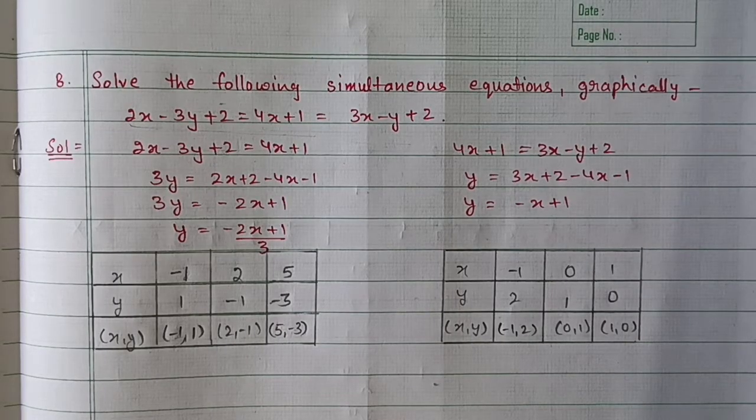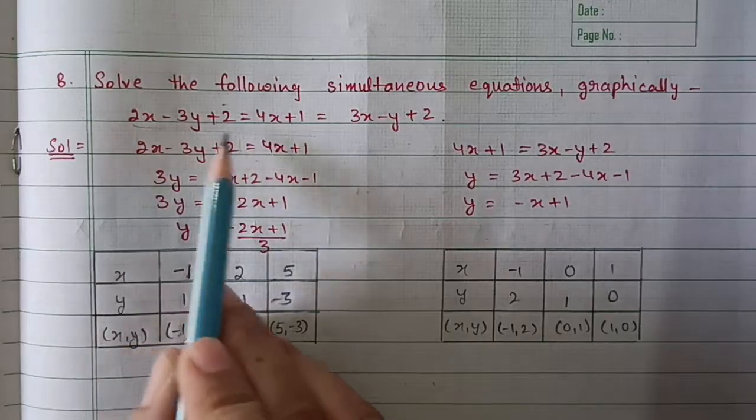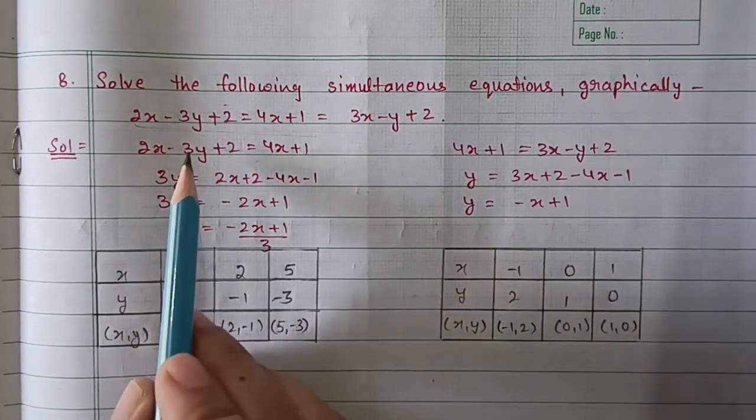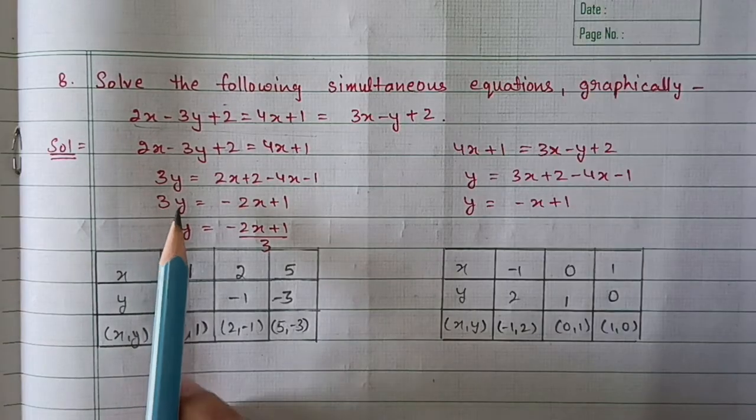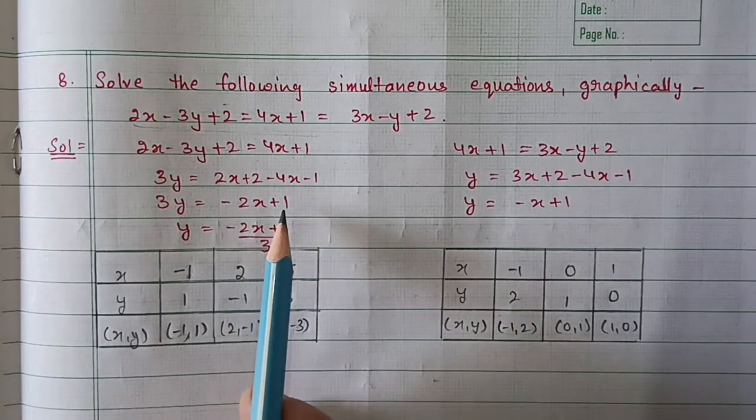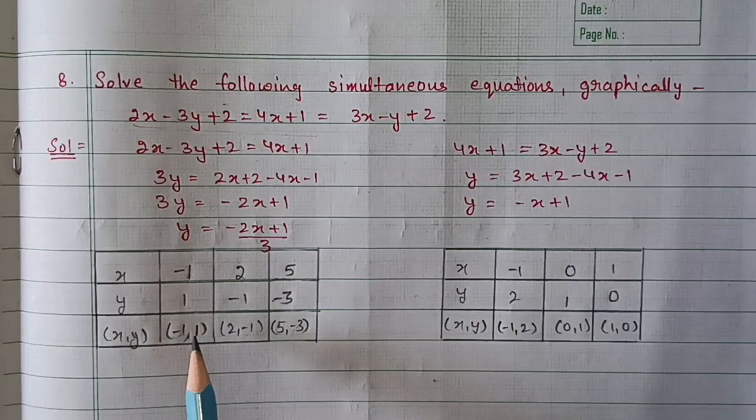Next we have question number 8. Solve the following simultaneous equations graphically: 2x minus 3y plus 2 is equal to 4x plus 1 is equal to 3x minus y plus 2. First we will take the first two expressions and frame one equation, so we get 3y equal to minus 2x plus 1, and we will take 3 plotting points for this equation.